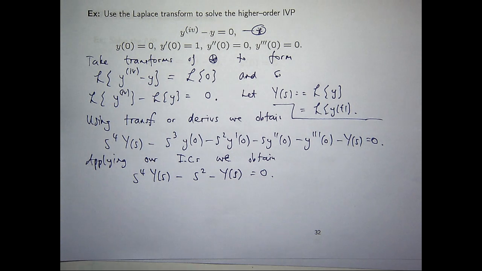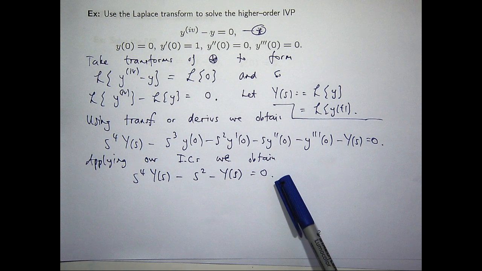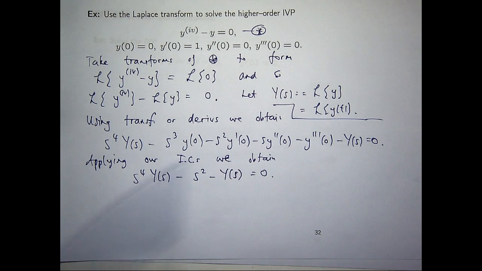Now, I'm at the algebraic stage. What I want to do is solve that algebraic expression for big Y of s. So let's bring that s squared to the other side, factorise the big Y of s, and then simplify.